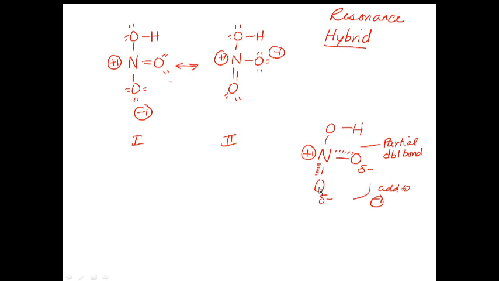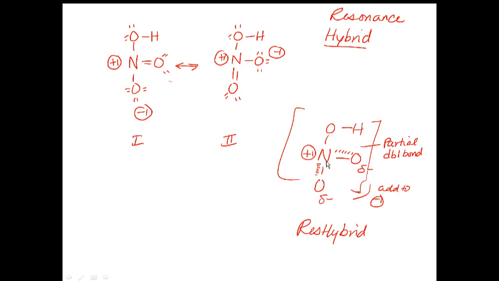And in this structure, they're actually each minus a half. But let me come back to that in a moment. Okay. So here's the resonance hybrid of nitric acid. And normally for the resonance hybrid, I will put sort of a bracket around it.